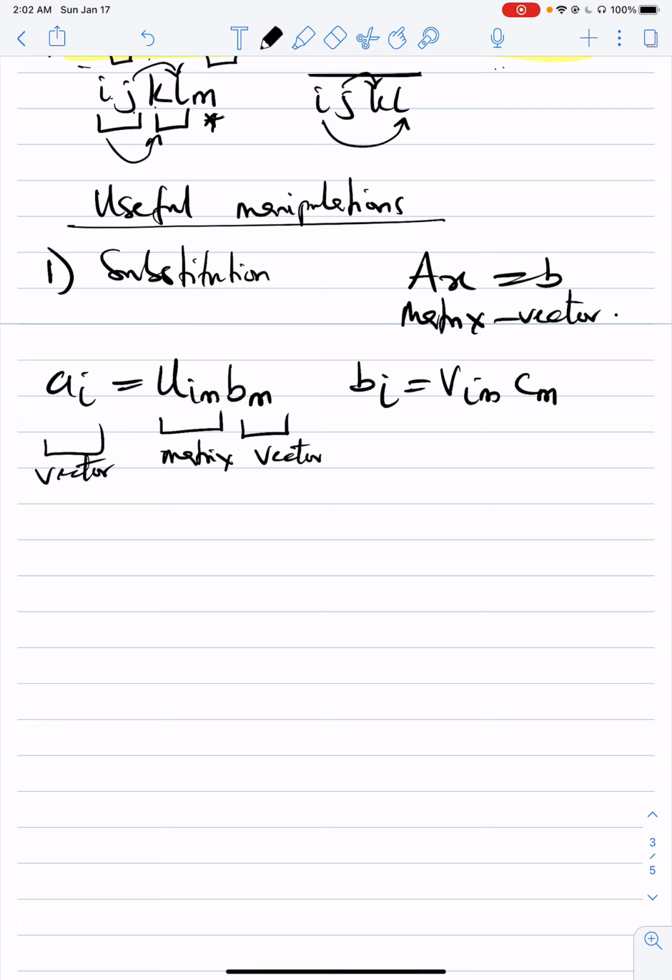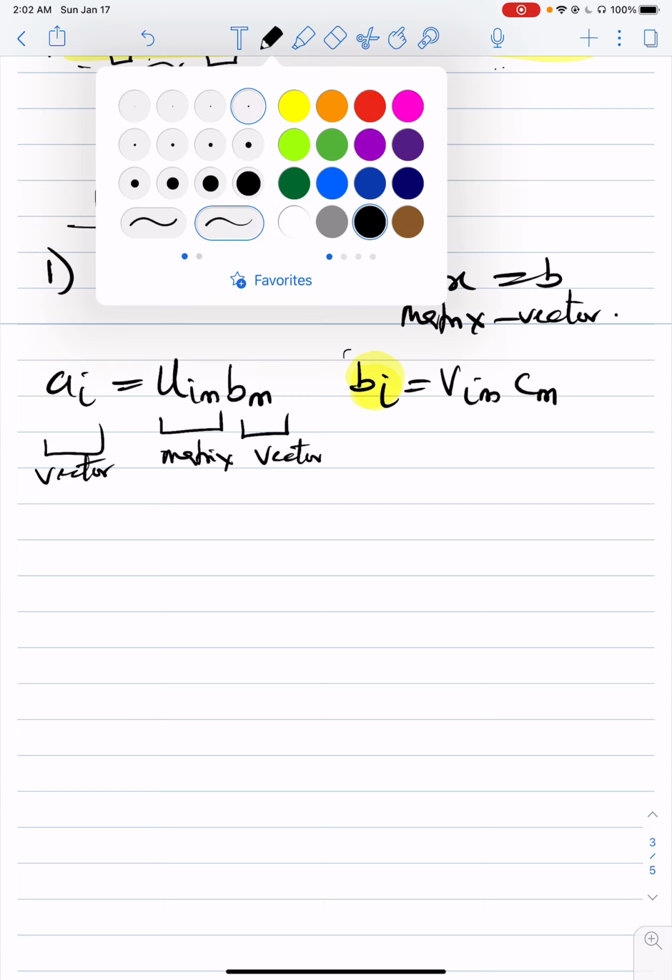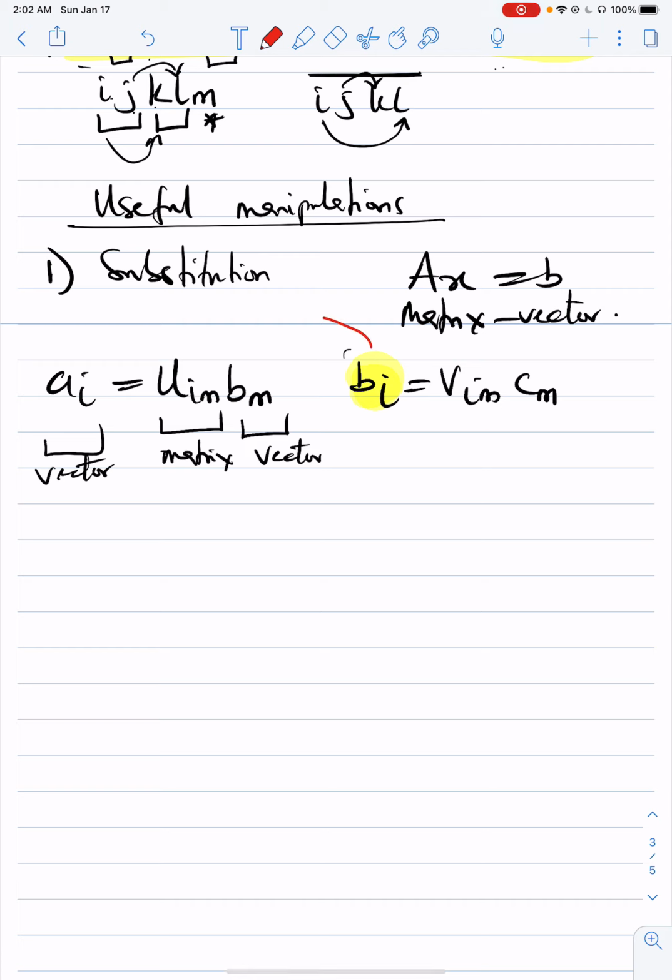Now, we want to substitute this B_i into this equation. Now, the b's are the same, but we have a different notation. Here is i, and here is m, right?